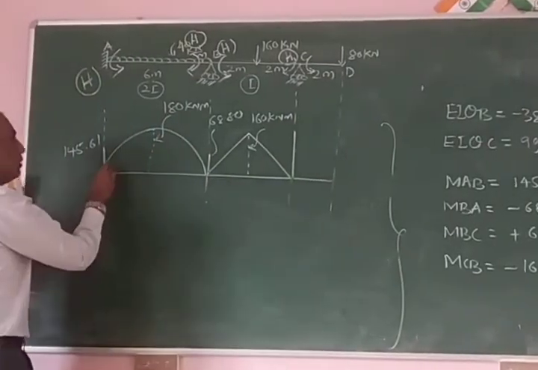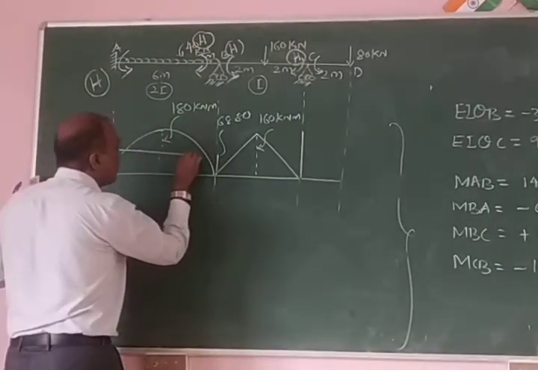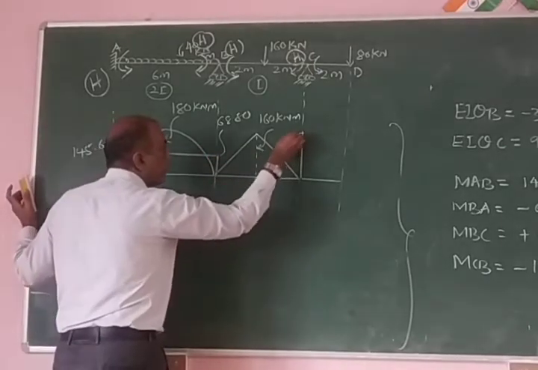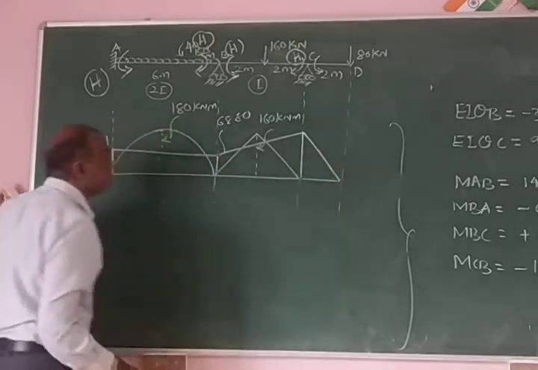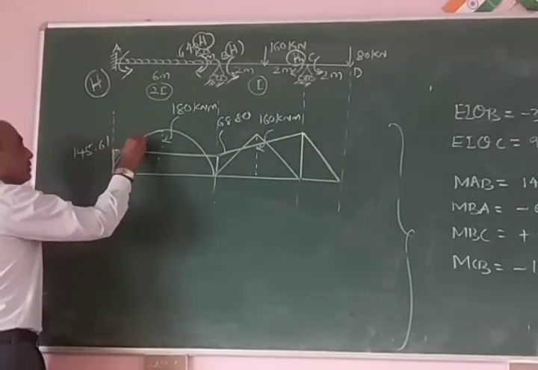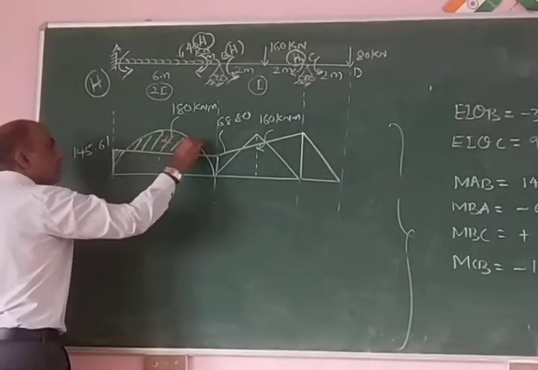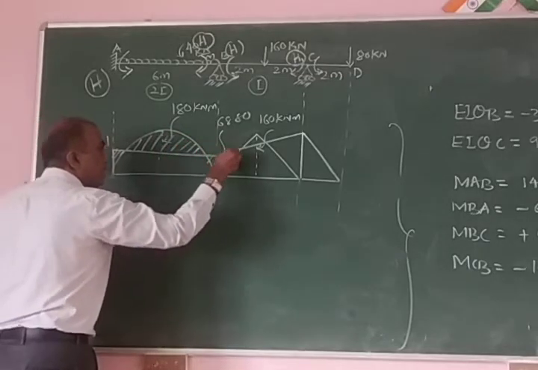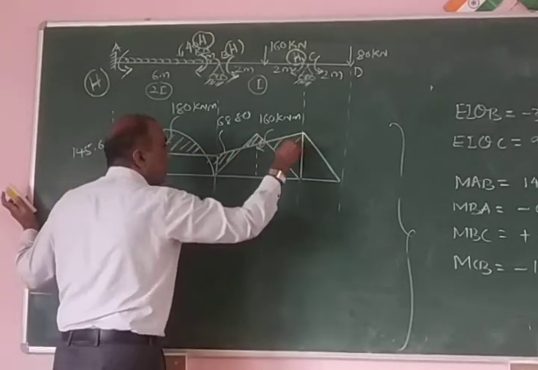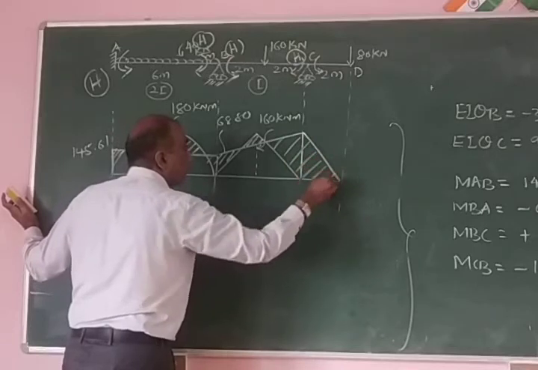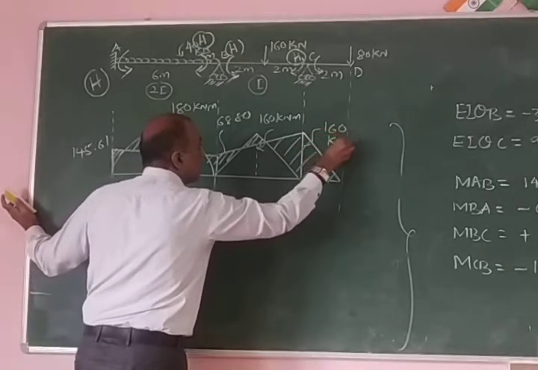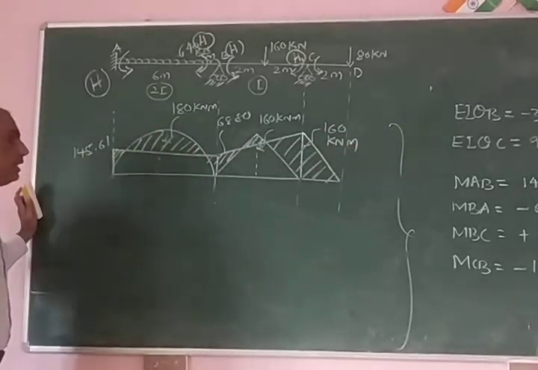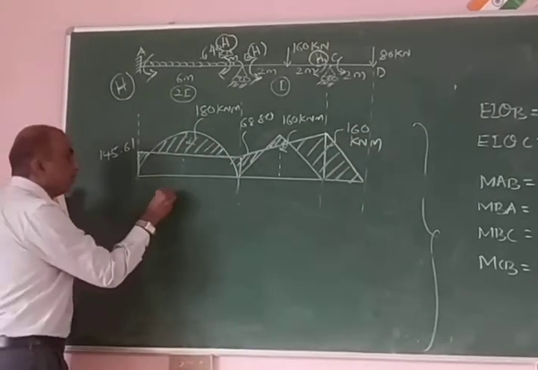So we will join these hogging ordinates, and we will hatch the resultant portion. So this is the resultant bending moment diagram. This is 160 kilonewton meter. So this is the complete BMD.